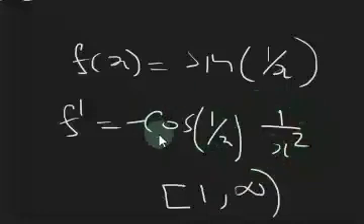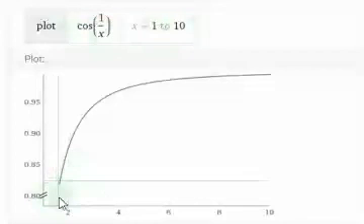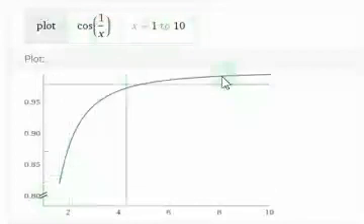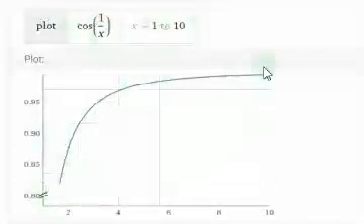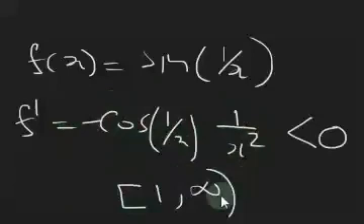And what about this one? If you look at the cos function, if you plot cos of 1 over x from 1 to 10, it comes out like this. That one also is a positive function. So this term is positive, this one is also positive, and here you have a negative. Then the derivative of f is negative over this interval, right?